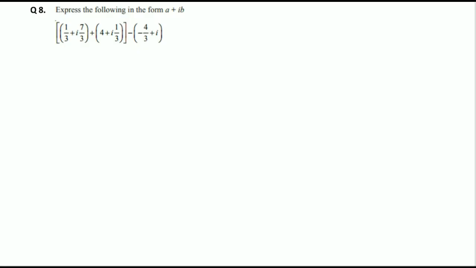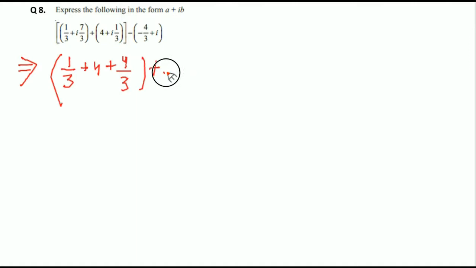Let's go for the other one. Express the following in the form of a plus iota b. Here also, what is the basic idea? Just add the real part to the real part, and the imaginary part to the imaginary part. Here you have 1 by 3 plus 4 by 3 as your real number, and plus iota, 7 by 3 plus 1 by 3, and here you have minus iota, so be careful about minus and plus. This is minus 1.